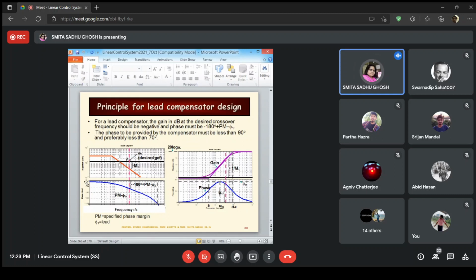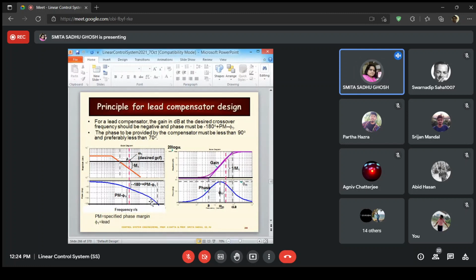So the uncompensated system plot is with me, right? I will have to look for a place where in the uncompensated system the phase margin is 45 degrees minus 20 degrees. Why 45 minus 20?